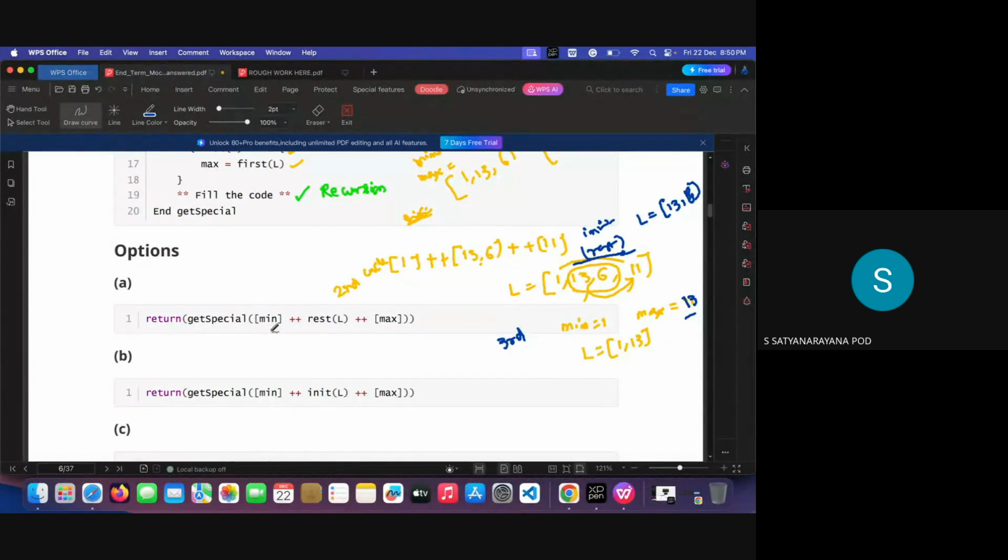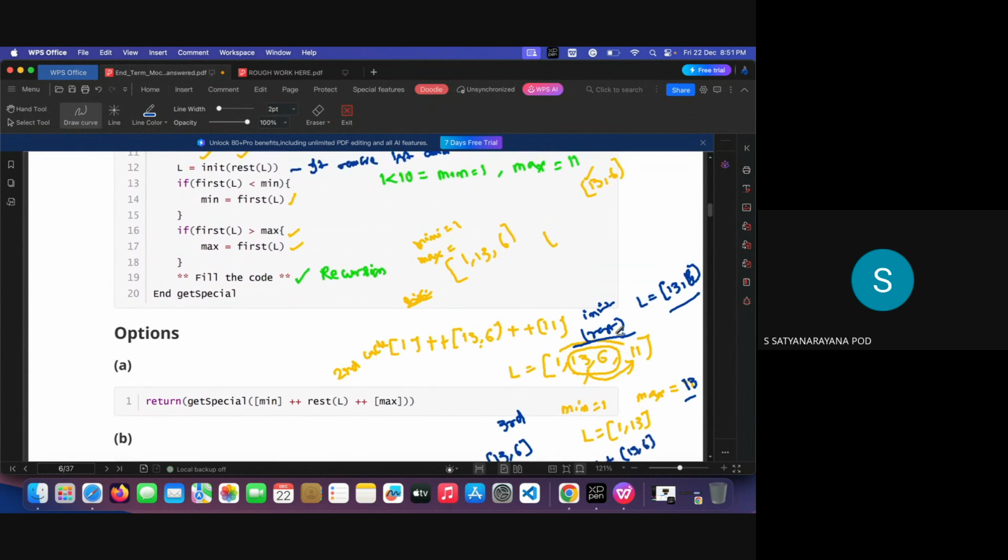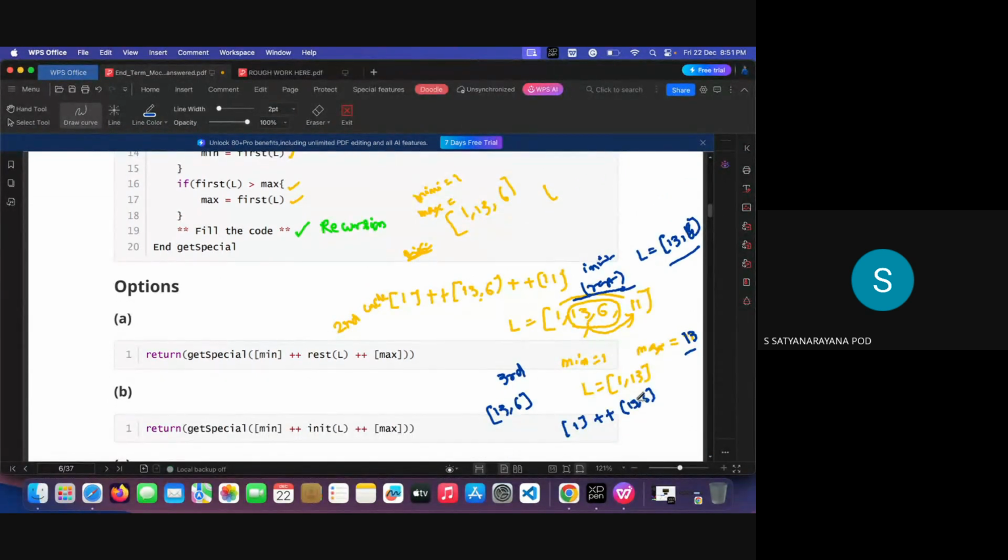So now my min is already 1. Rest of L. My rest of L means my list already contains 13 and 6. Is it clear? 13 and 6. So I think no update.